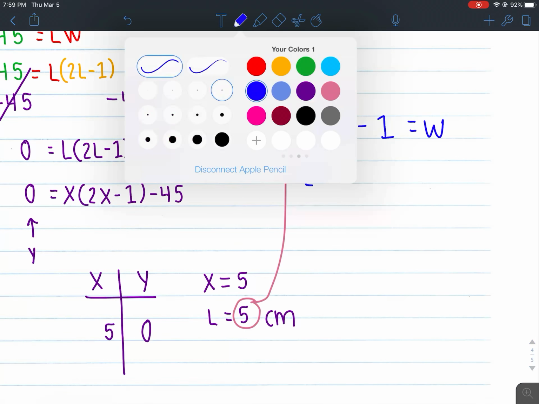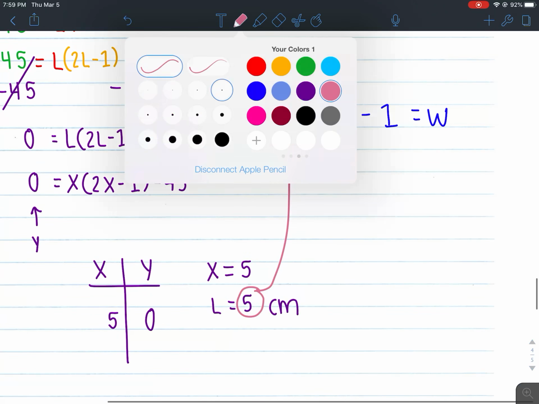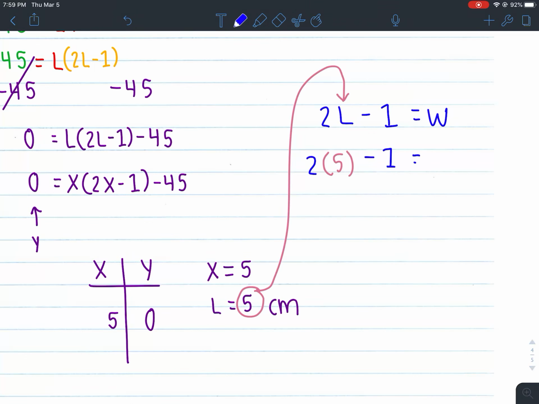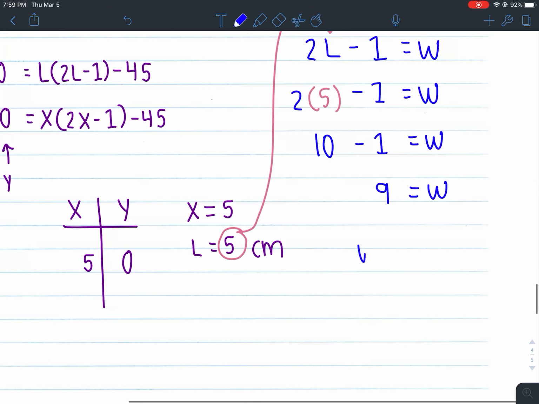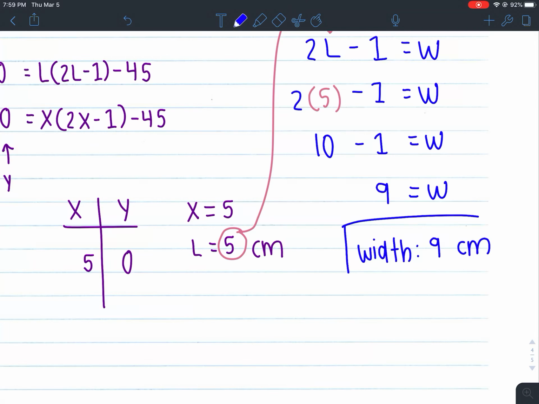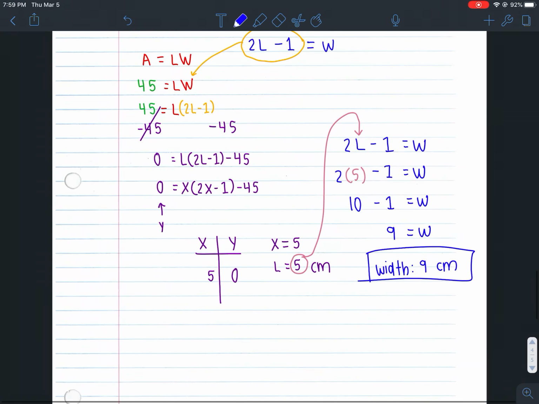So then I have 2, parentheses, 5, minus 1 equals W. So then I have 10, because 2 times 5 is 10, minus 1 equals W, and so I have 9 equals W. Well, what does that mean? That means my width is 9 centimeters, and I found what they asked me to find.